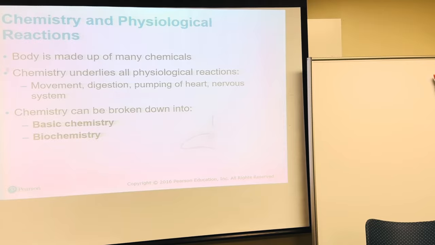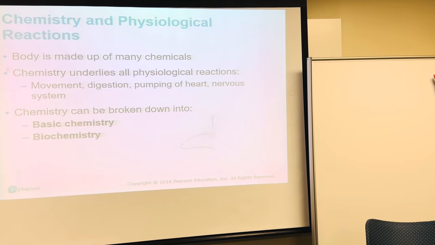So as you have told me, chemistry underlies all physiological reactions, including your movement, digestion, pumping of heart, nervous system. So when we talk about the chemistry, we can talk about chemistry in two different ways. One is the basic chemistry, right? When we say basic chemistry, what do we mean by that?